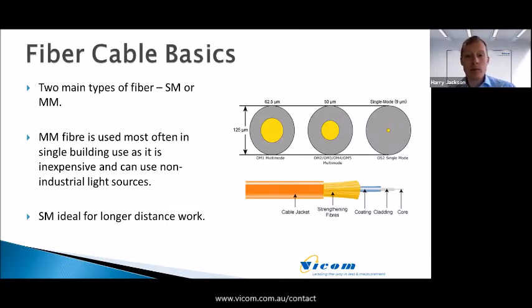Well, previously it was cheaper to manufacture, but that benefit has fallen away over recent years with a reduction in manufacturing costs, and you're starting to see single mode fiber take over applications that were traditionally allocated to multi-mode fiber. If you want to know more about fiber, feel free to get in touch. We ran a webinar a couple of months ago on an introduction to fiber, and I'm happy to share any information with you from that if needed.